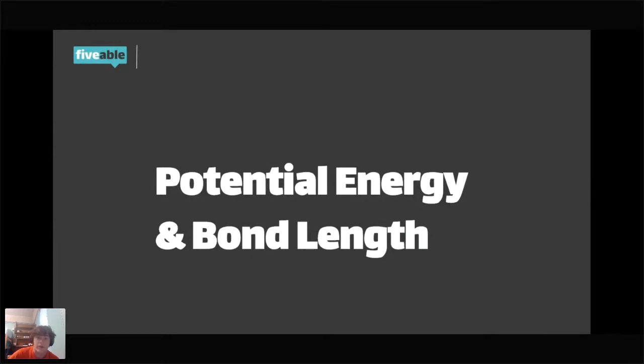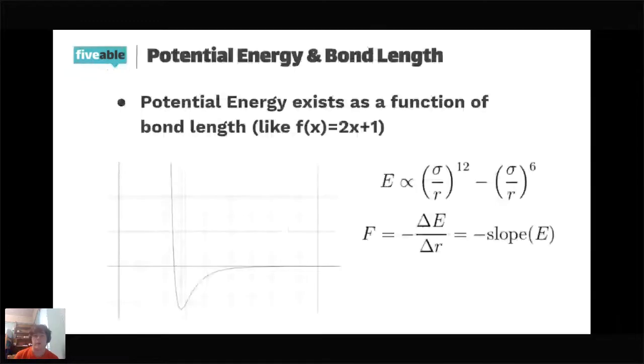But here we go. So potential energy between two bonded atoms exists as a function of bond length. So like I said before, like f of x equals 2x plus 1, the potential energy exists as a function proportional to that thing. Sigma is just a constant, specific to each bond.